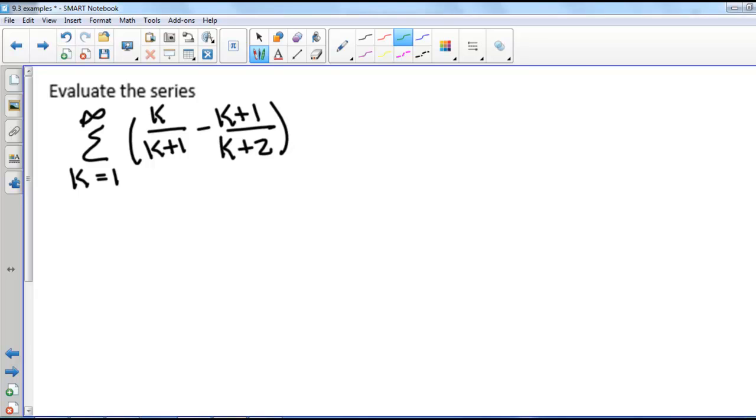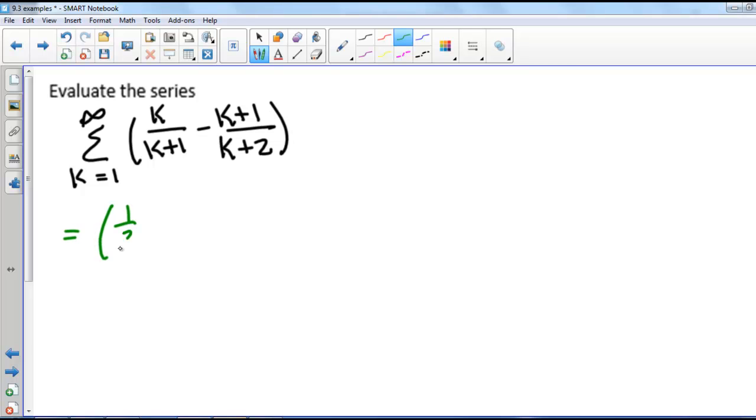We want to evaluate the series from k equals 1 to infinity of the quantity k divided by k plus 1 minus k plus 1 over k plus 2. So let's look at what this series will look like by writing out the first few terms.